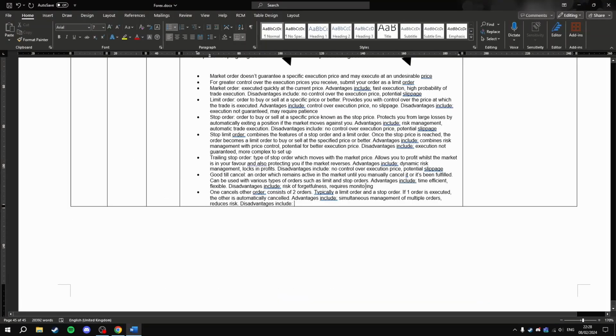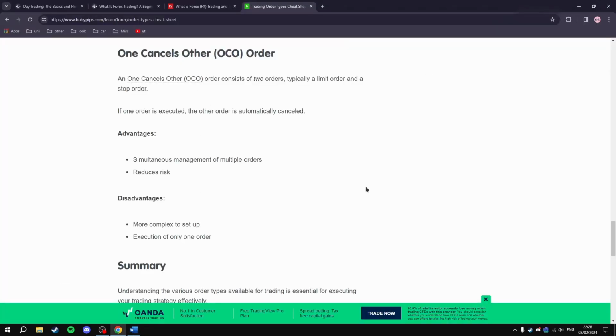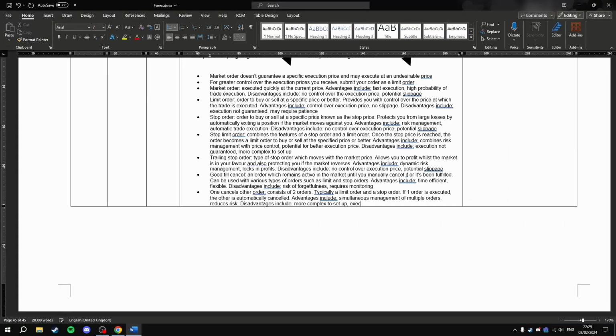Oh no, never mind, because you can't forget this, because you're meant to cancel it manually. So more complex to set up, and execution of only one order.